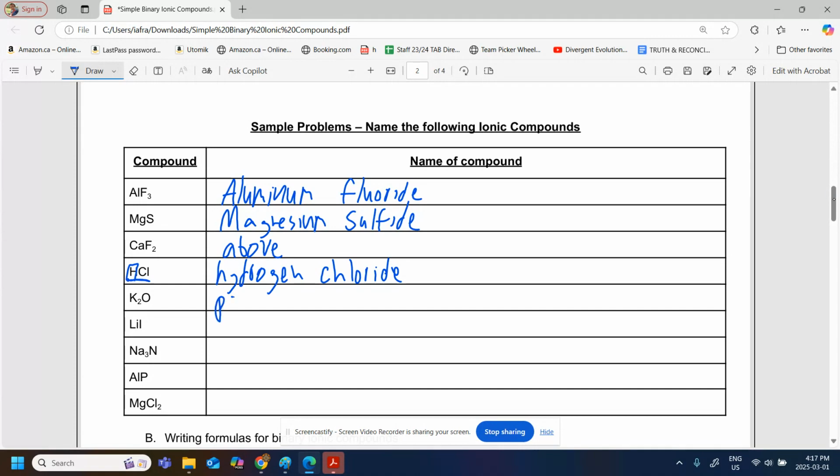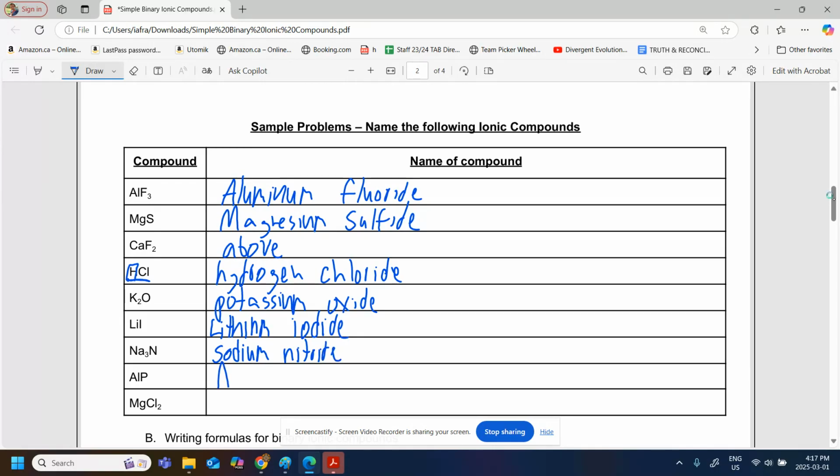K2O, potassium oxide. LiI, that's an I there, lithium iodide. Na3N, that's sodium nitride.